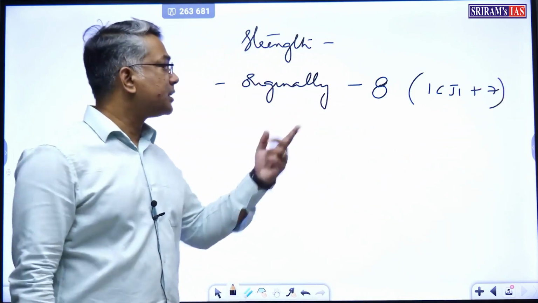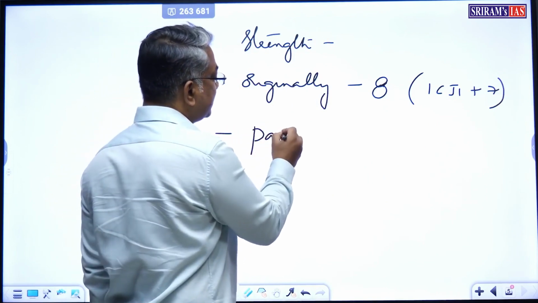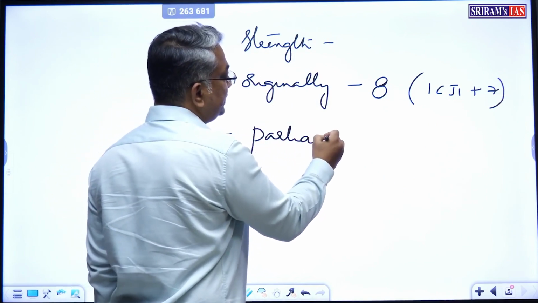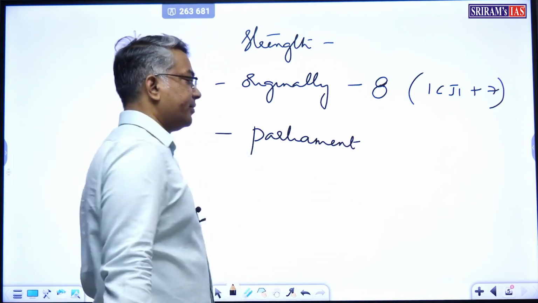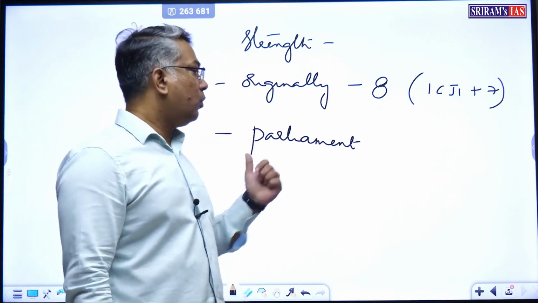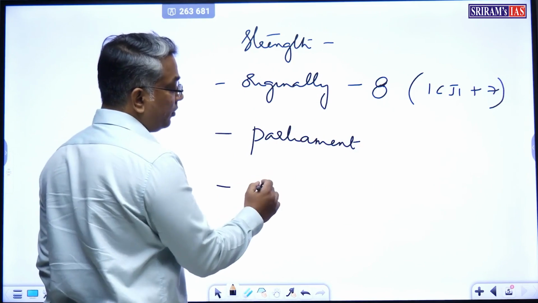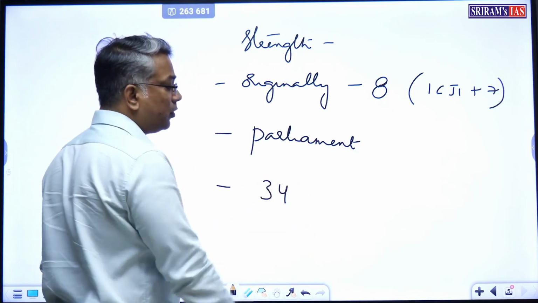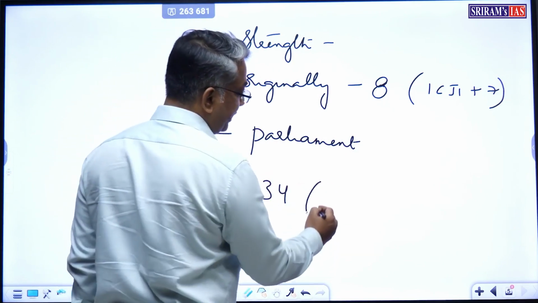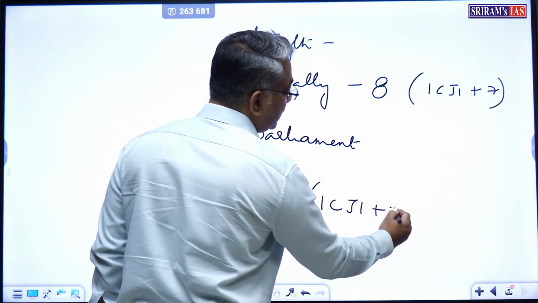The Parliament has progressively increased the number of judges. So, at present the strength of the Supreme Court is 34, including the CJI, that is 1 CJI plus 33.